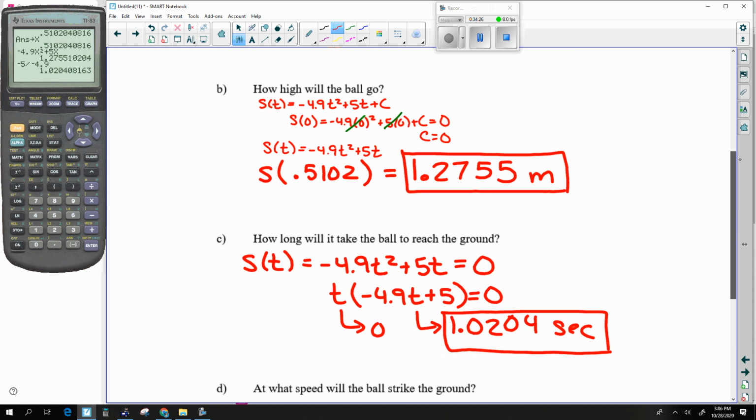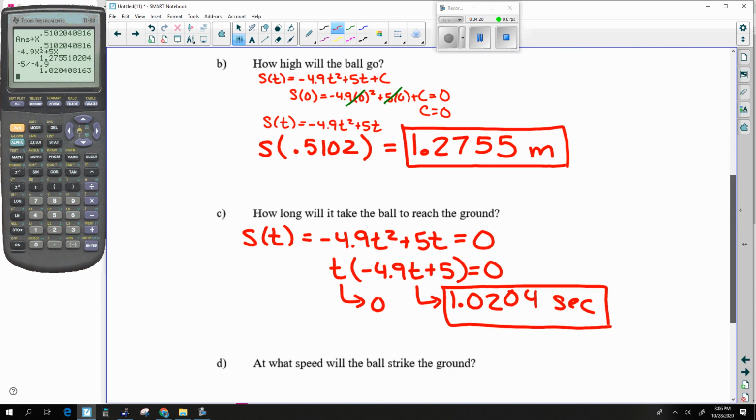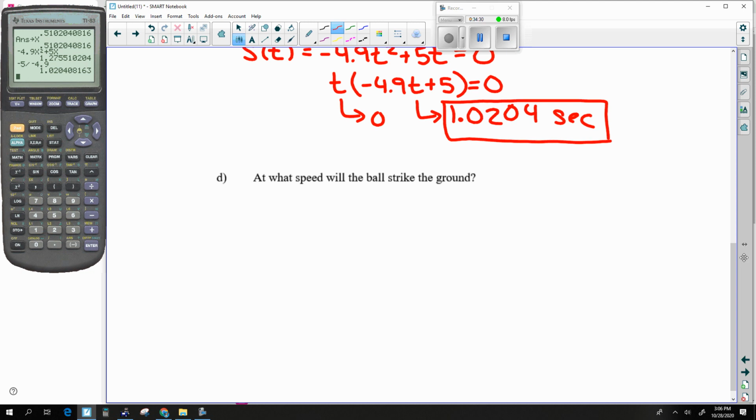At what speed will the ball hit the ground? So that's velocity. And so the velocity at 1.0204, actually speed is very technically the absolute value of velocity.